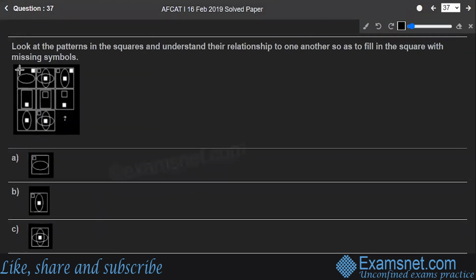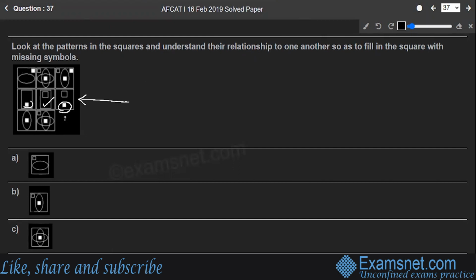Look at this one carefully now. Just superimpose these two images. You will get this image. Also this square, which is superimposing exactly each other, will vanish in the second figure. Let's see the second line also. If I merge these two figures, what you will get is this one.